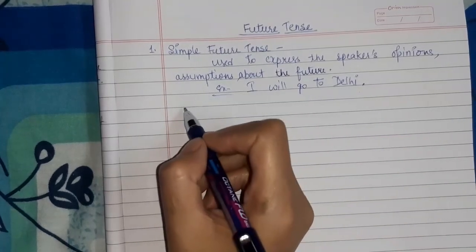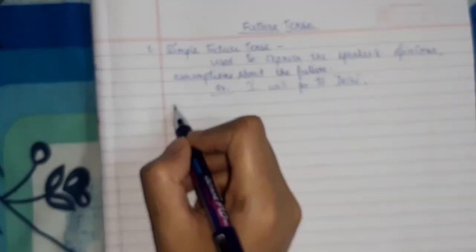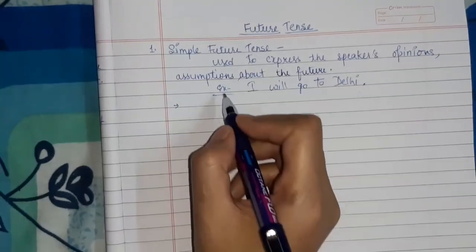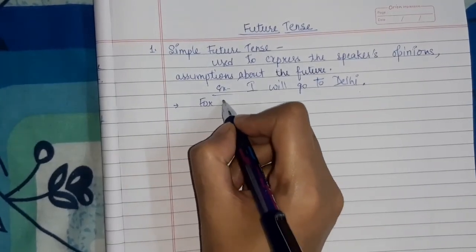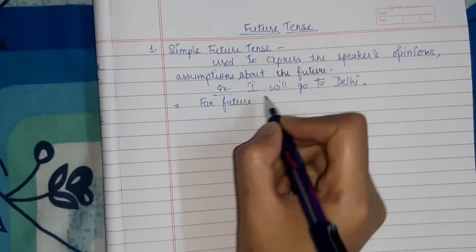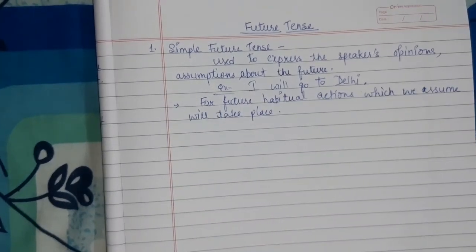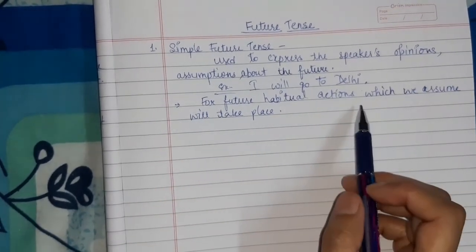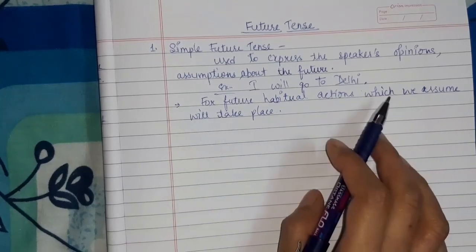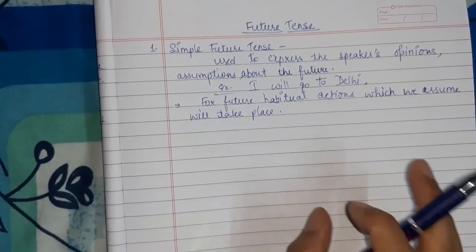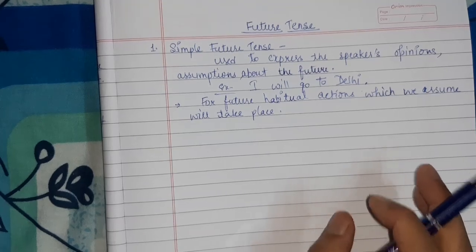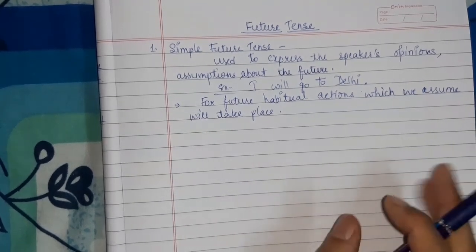Sometimes in simple future tense we include some other important things, for example, future habitual actions which we assume will take place. Some habitual actions are there for which we can predict that this will take place.